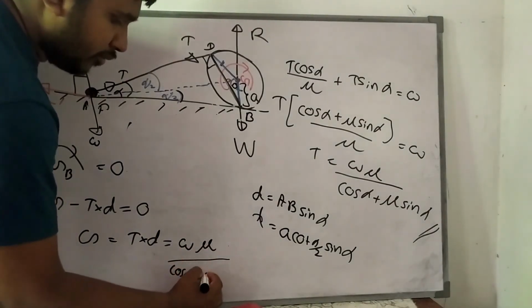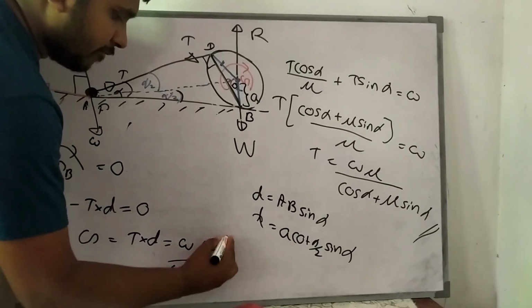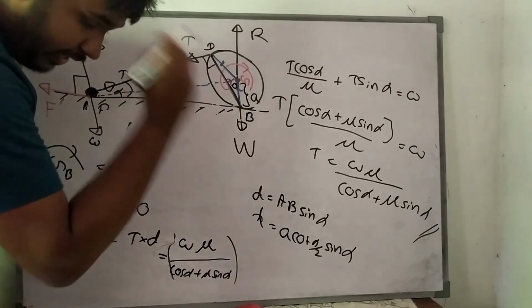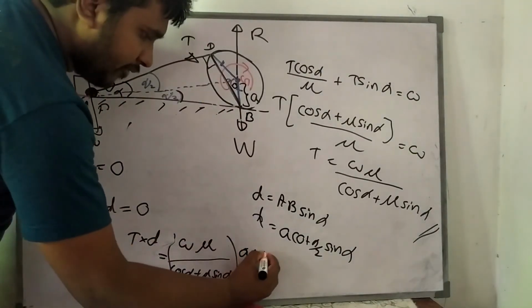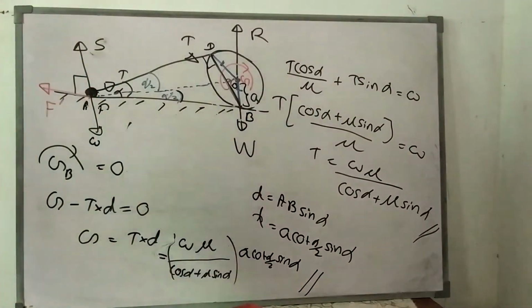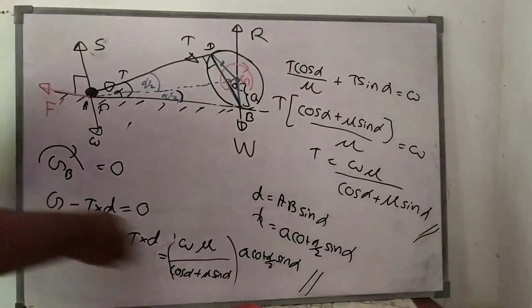TD will be W mu over cos alpha plus mu sin alpha into the D value, a cot alpha by 2 sin alpha.